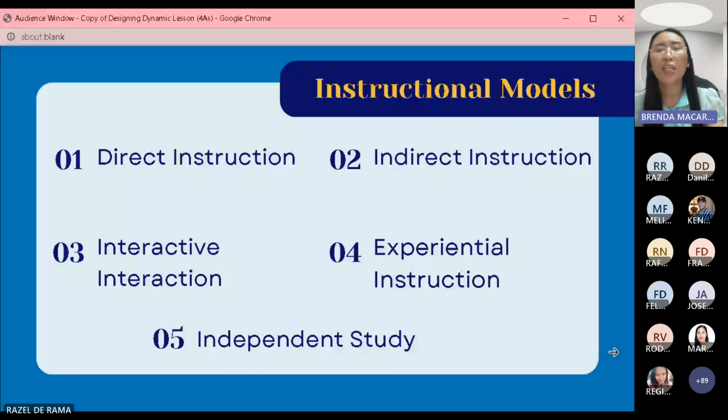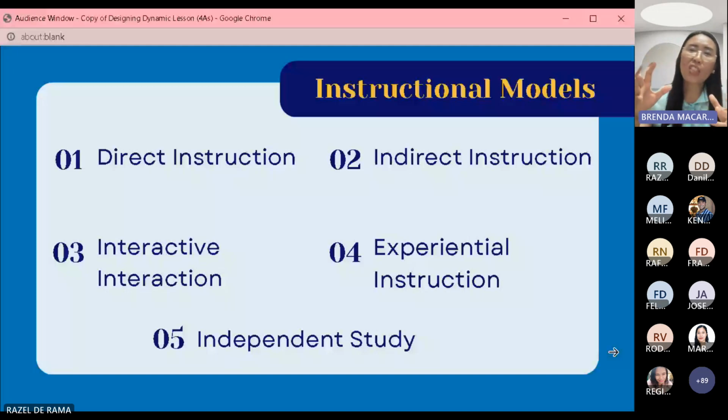Actually, napakadami, no? And I do know na napakarami ninyong alam na mga instructional design model na nagamit nyo na sa classroom instruction ninyo. So these are just some of the instructional design that we can choose for us to create instructional experiences that will help us facilitate the teaching and learning process most effectively inside our classroom.